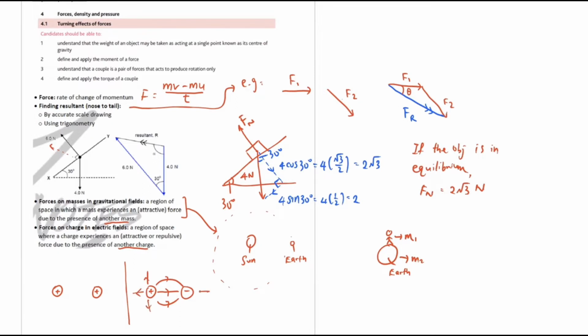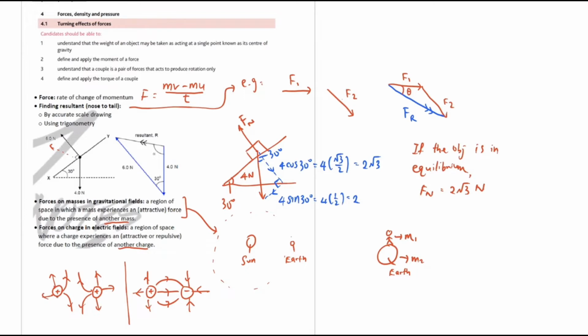For the negative charge, you have to draw your arrow into the negative charge. If they repel, then you have to draw this particular way, away from each other. Something like that.